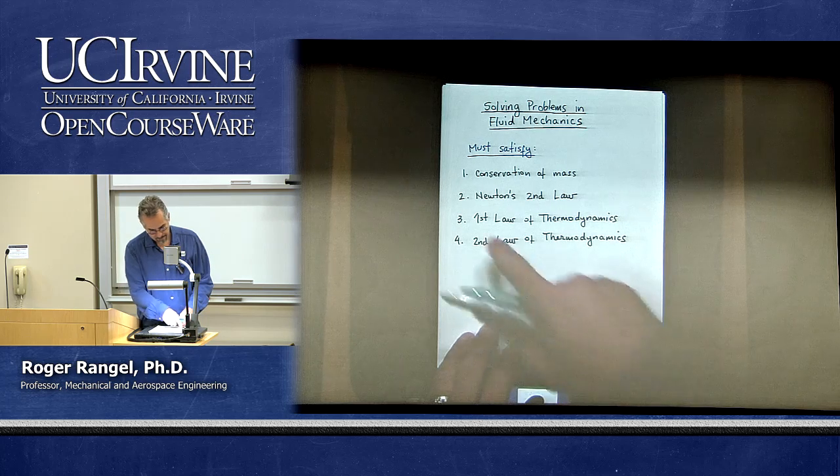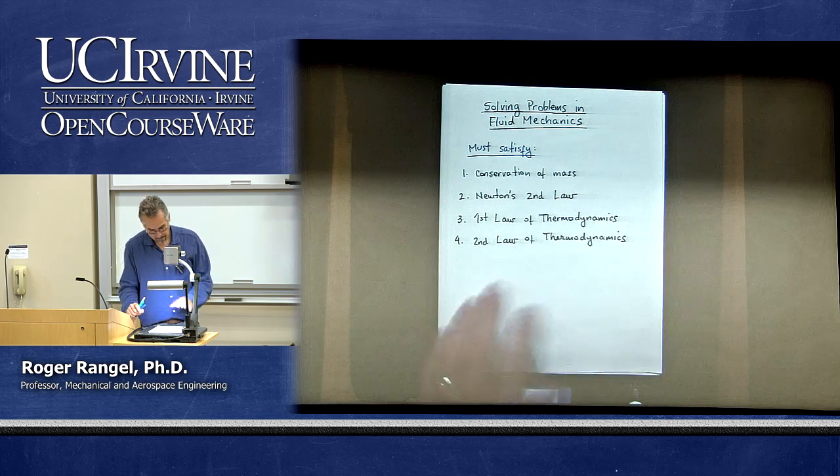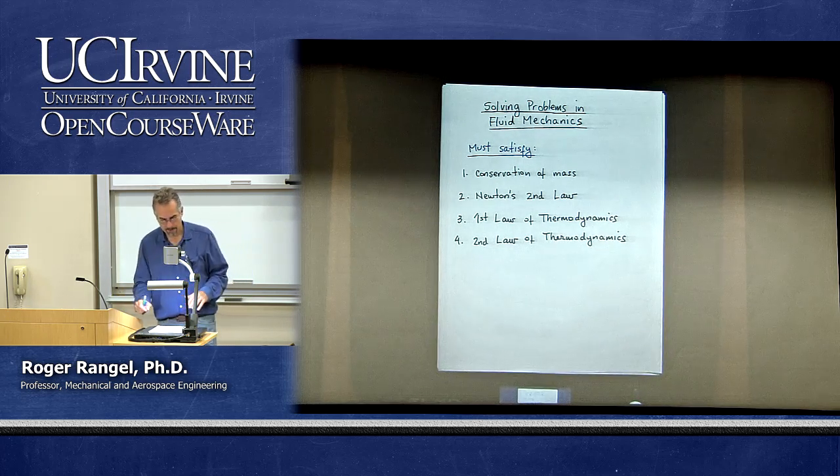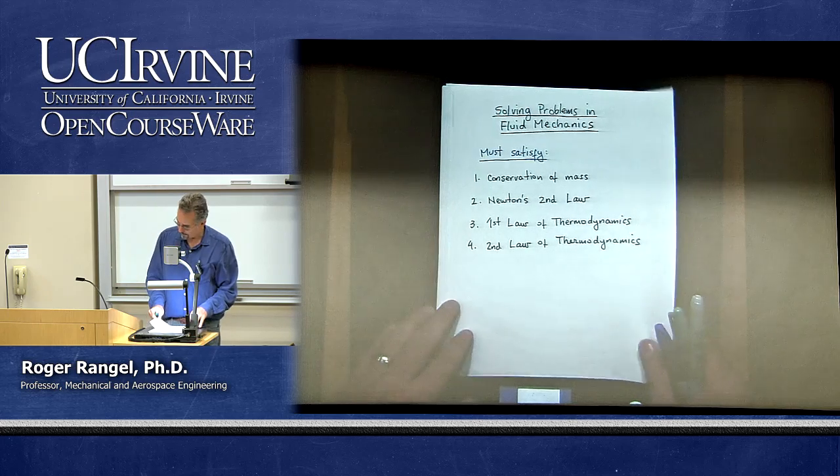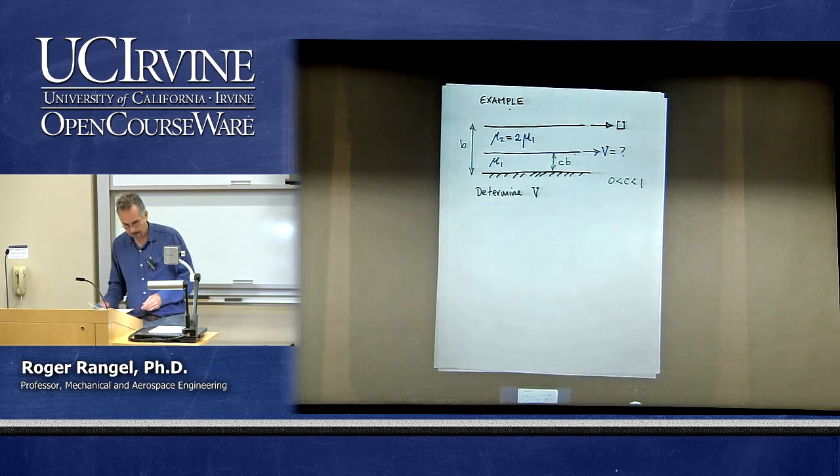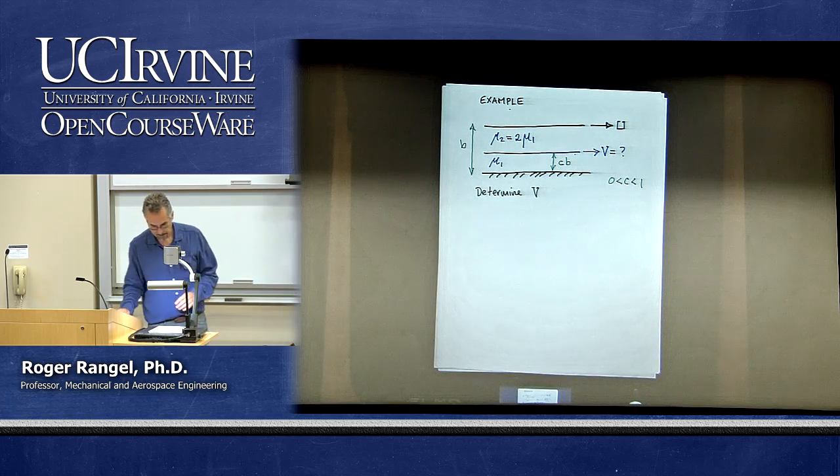Conservation of mass, Newton's second law, first law of thermodynamics, second law of thermodynamics. Of course, the problem that we have right now is very simple, and we don't have to look at all of those laws. It is sufficient to look at Newton's second law.